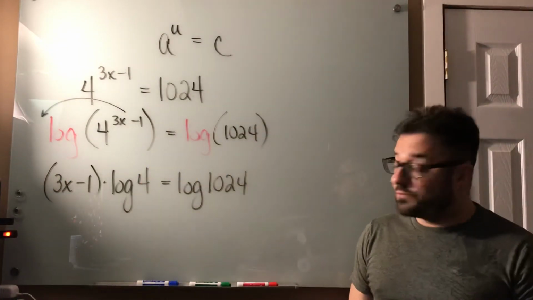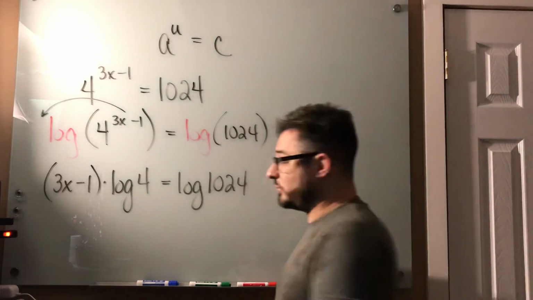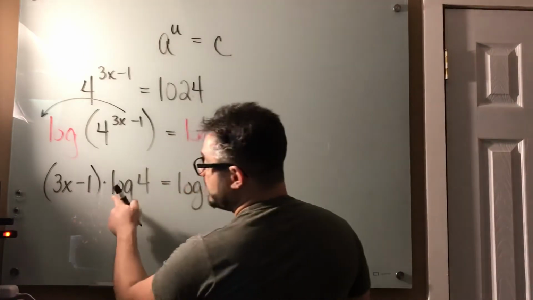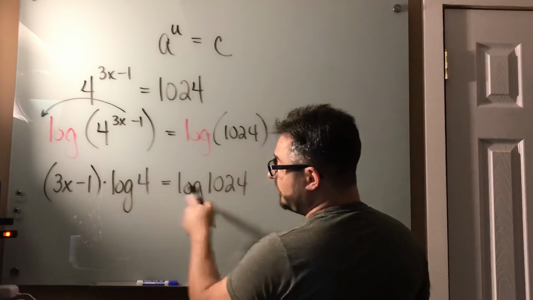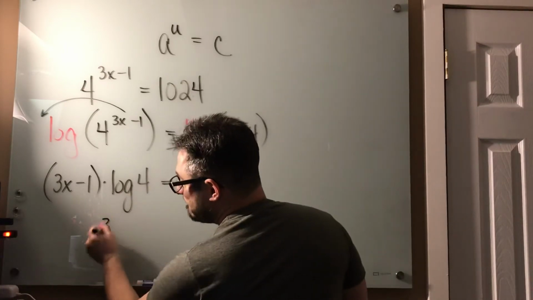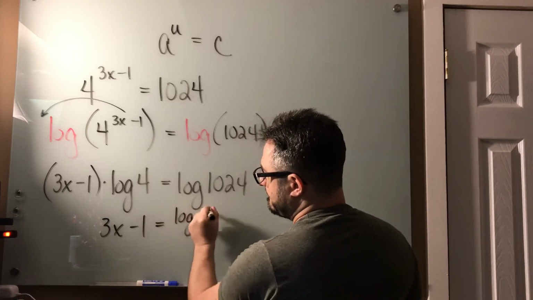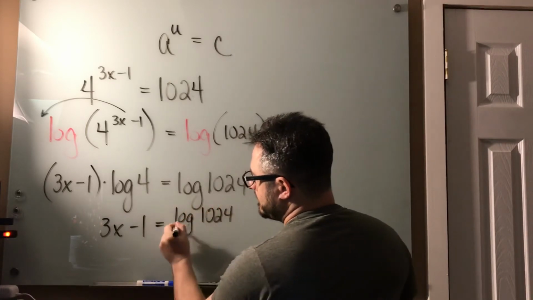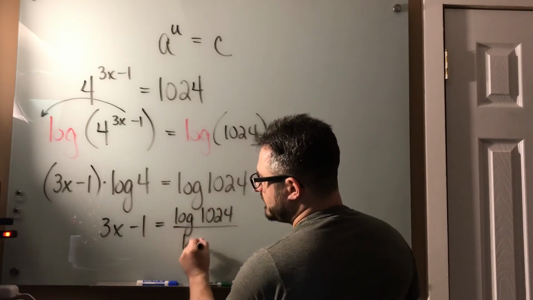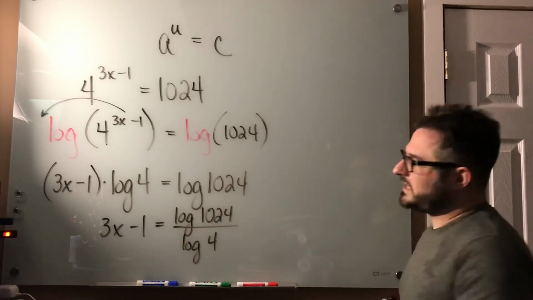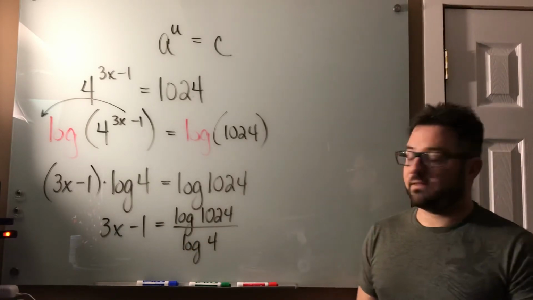So if you do correctly use the parentheses, this will work fine. We would divide both sides by log 4. And at this point, we're in the same position we were with the first method.